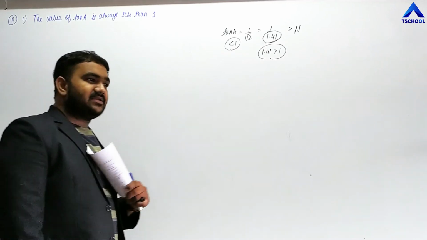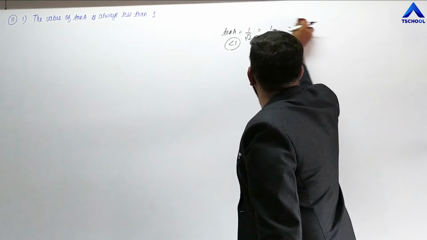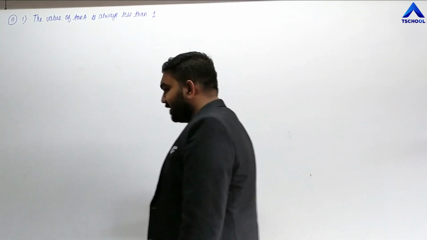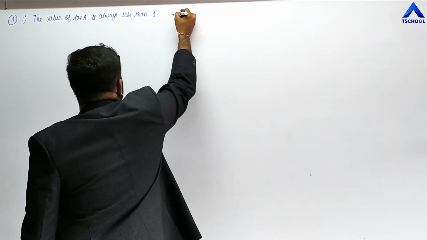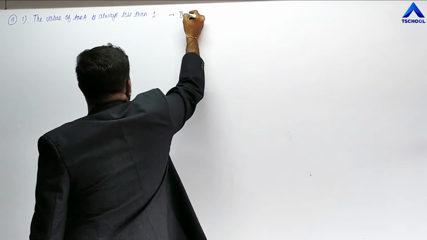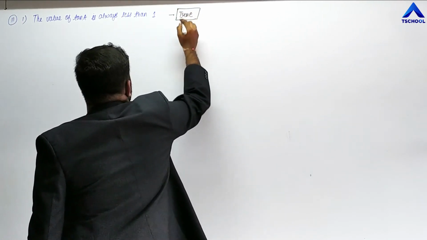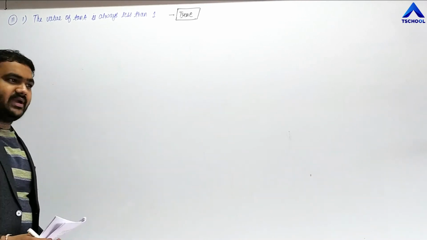But the perfect answer to this question will be coming in the next part, that is trigonometric ratios for specific angles. So for now we will keep this statement as true and we will discuss the answer perfectly in the next topic. Is it clear? The value of tan A is always less than 1 and it is true, right?